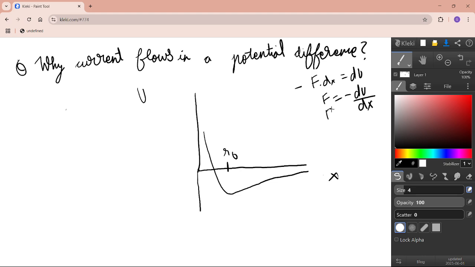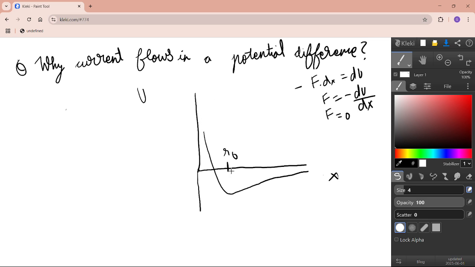So the force is zero when dU by dx is zero. And this is basically the formula for the slope. And when is the slope zero in the whole diagram? Here. Here the slope is zero, and this is when the potential energy is the minimum. And this is when the force on another molecule by a molecule is zero. That means there's more stability when the potential energy is the minimum.